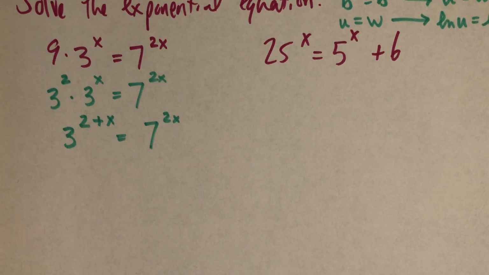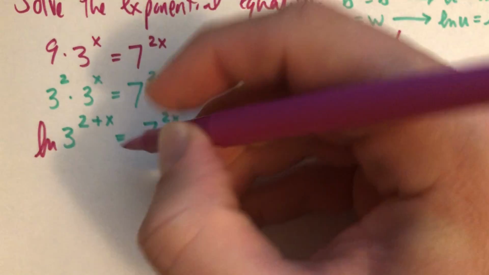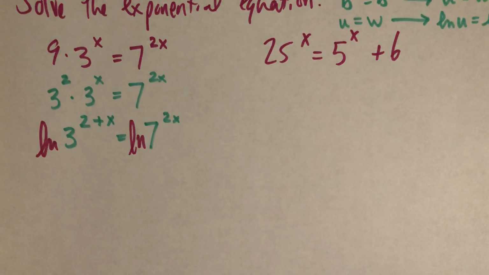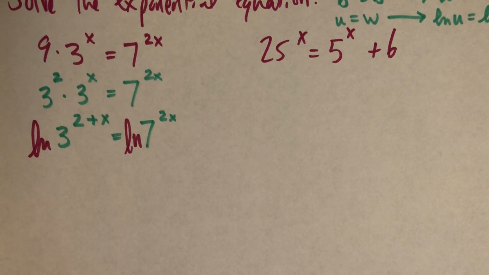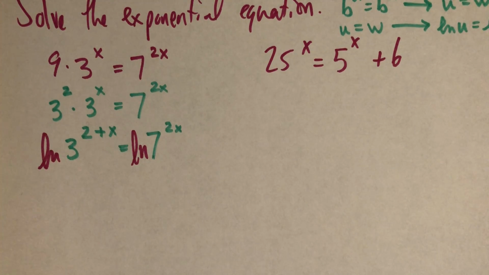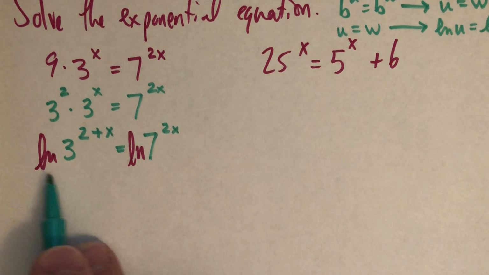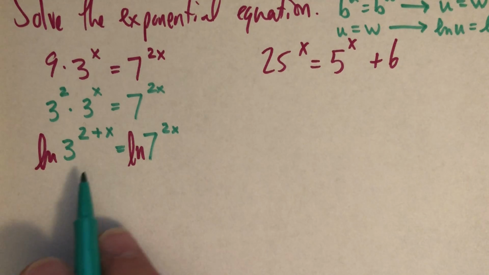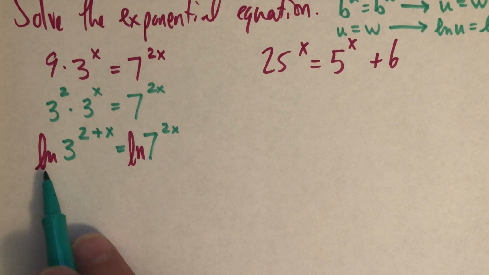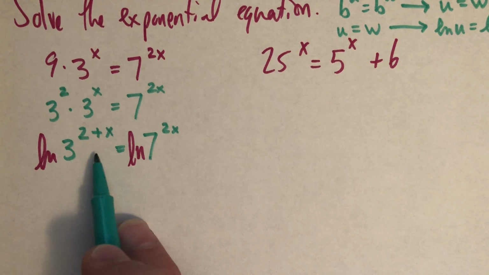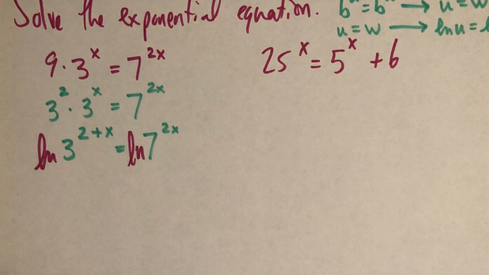So essentially we're just going to apply a natural log to both sides. Okay, so now we have the natural log of this thing equal to the natural log of this thing.